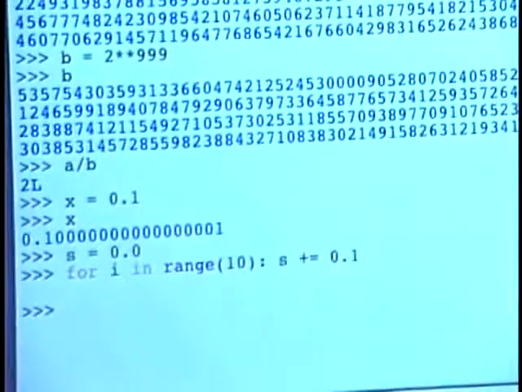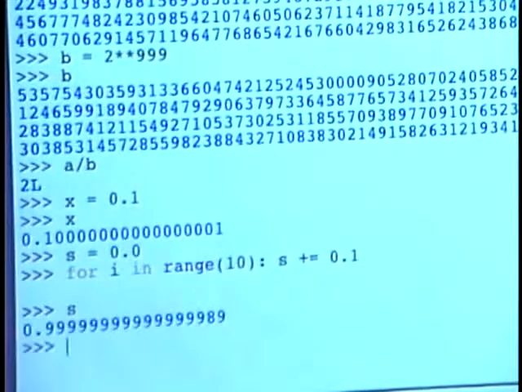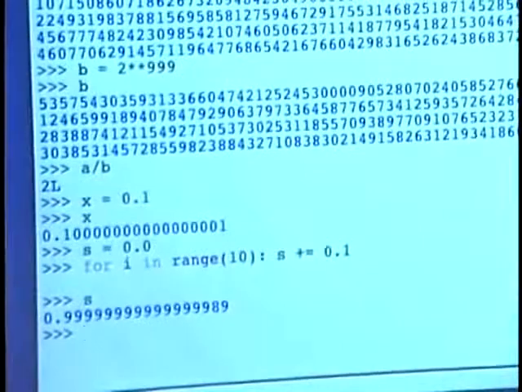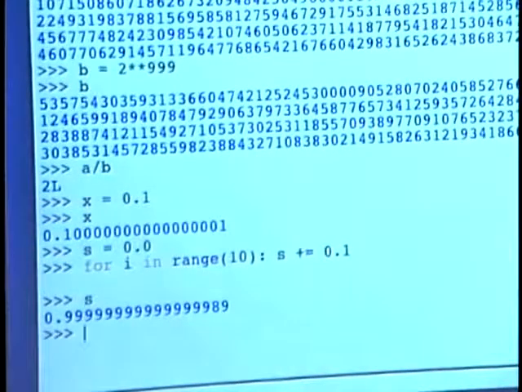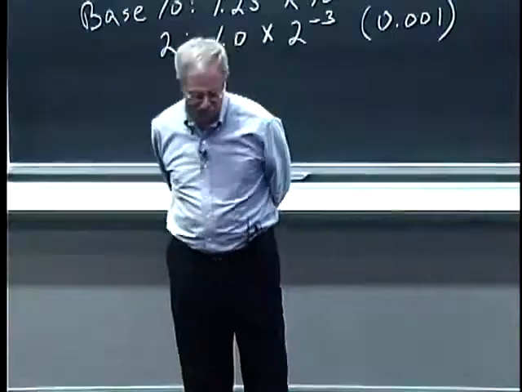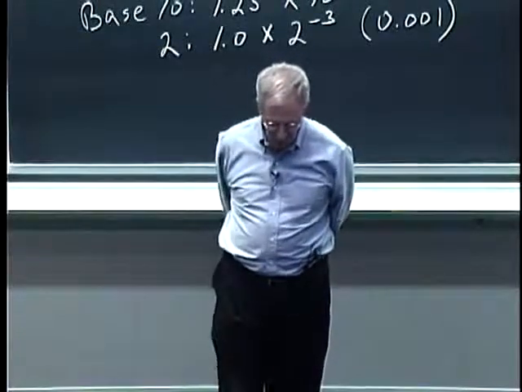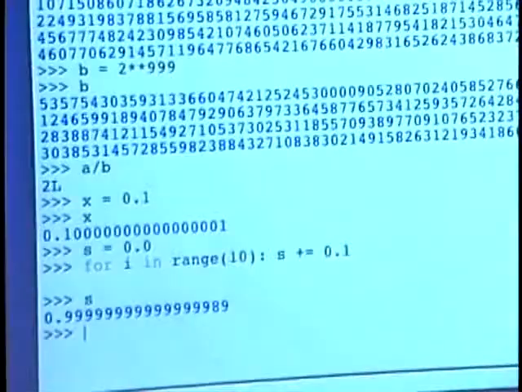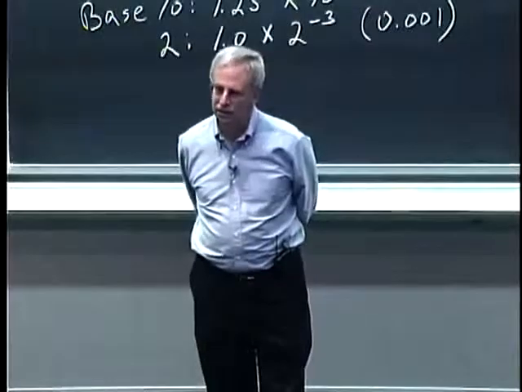All right, we've done that. And now, what happens when I print s? Well, again, you don't get what your intuition says you should get. Notice the last two digits, which are 8 and 9. Well, what's happening here?